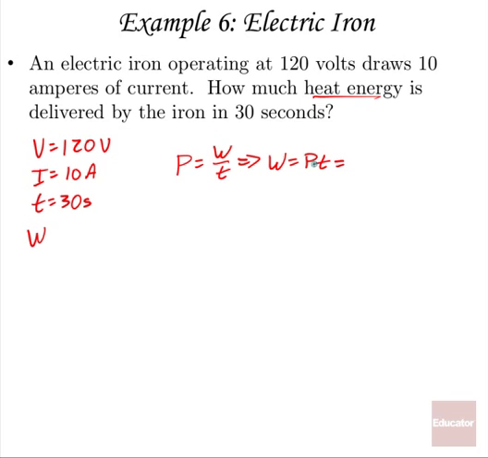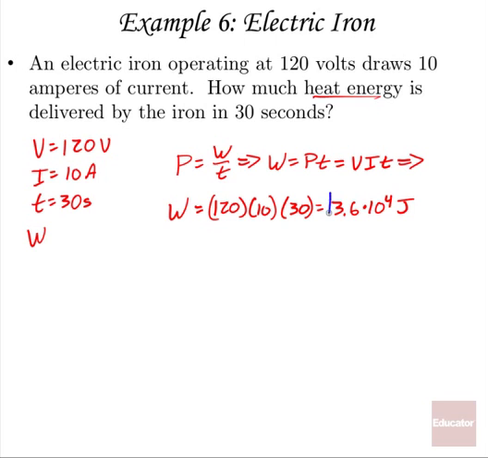But power is V times I, so this is going to be V I T. Therefore, the heat energy is going to be the voltage, 120 volts, times the current, 10 amps, times our 30 seconds, or 3.6 times 10 to the 4th joules.